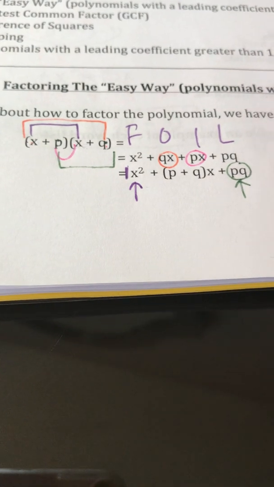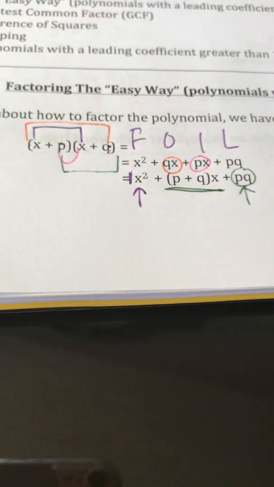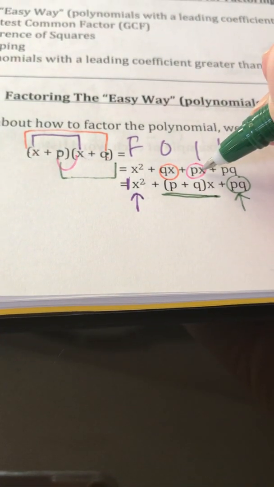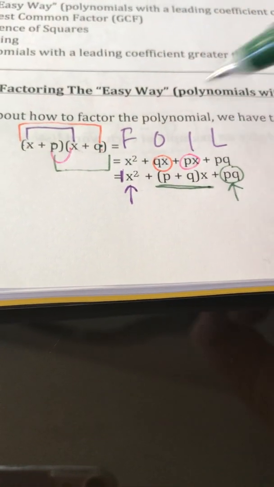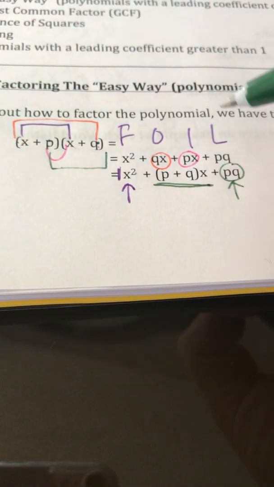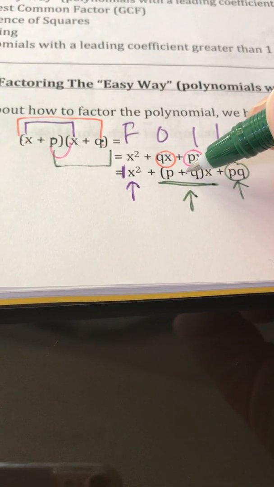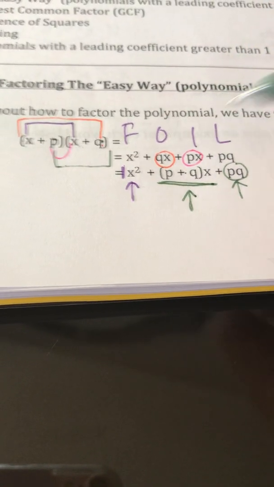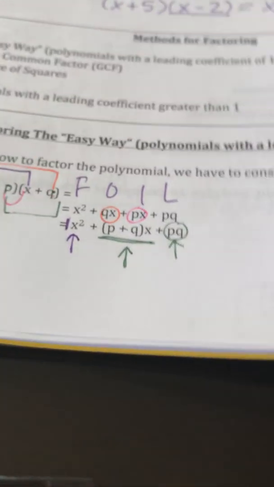That's this, okay? This piece that we have in the middle here, the outside times the inside, we see that they have a common factor of x. So when we're looking at how this factors out, this piece right here is the sum of my outside and my inside, okay? So let's take a look at what this looks like in application.